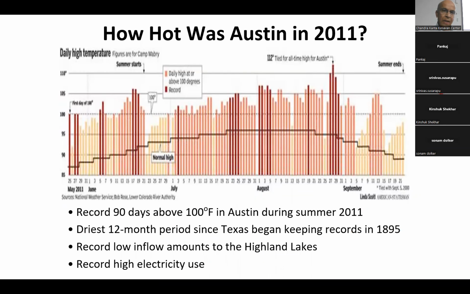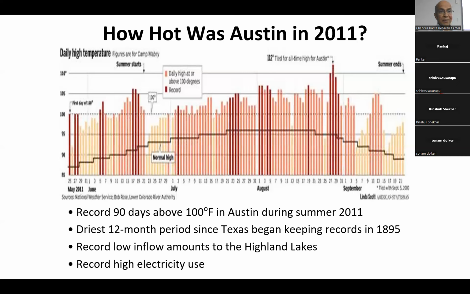I talked about Austin. So how hot was Austin in 2011? We had a record 90 days of triple digit temperature. I apologize, it's in Fahrenheit, not Celsius. In the summer, on average, you get about 12 to 15 days of triple digit temperature in Austin.